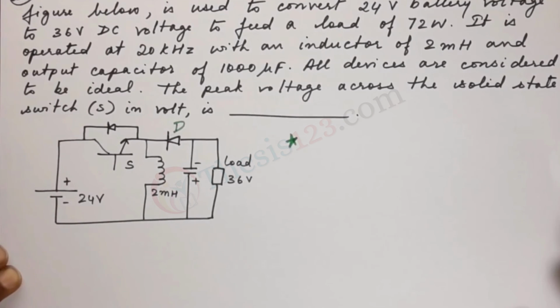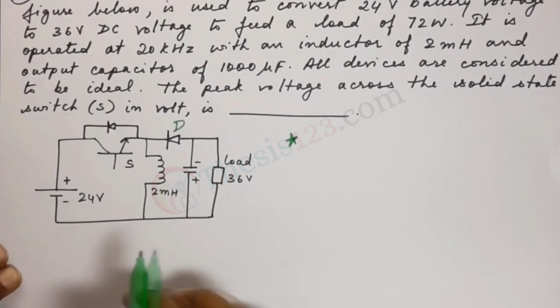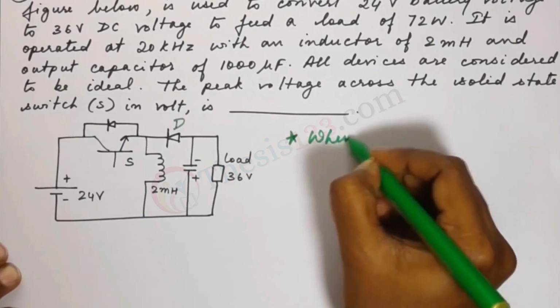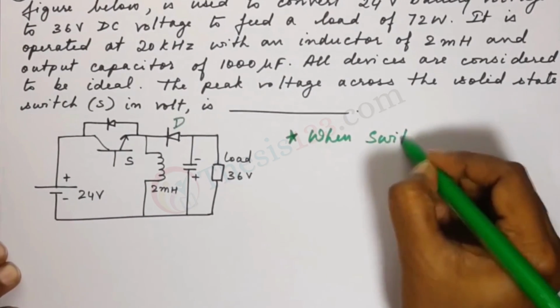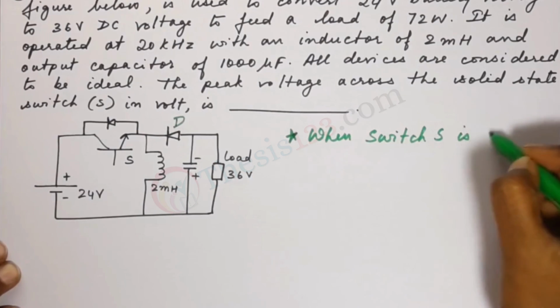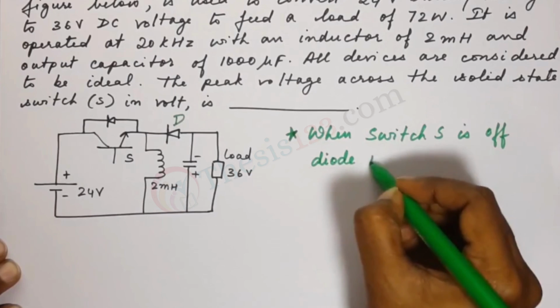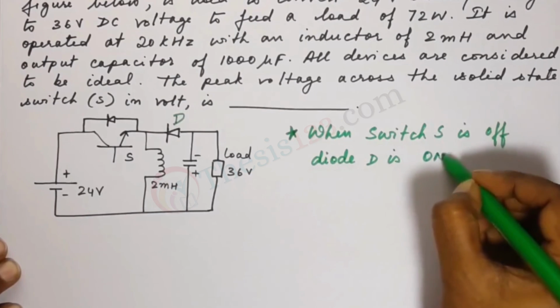So you will have to know how a buck boost converter works. So here's the important point. When the switch S is turned off, diode D is on.